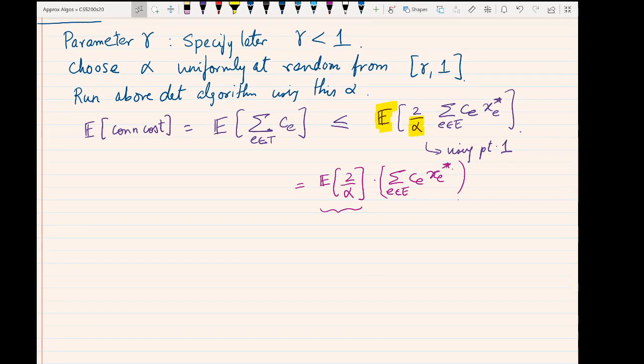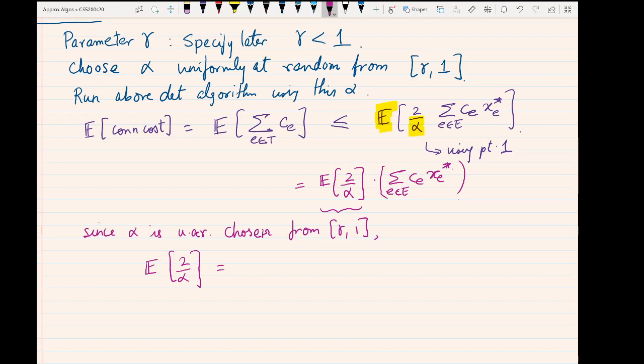Now alpha is randomly chosen, so UAR means uniformly at random. The expected value of alpha is going to be expressed by an integral. So here's your interval from gamma to 1. So of course every point here has a probability density of 1 over 1 minus gamma.